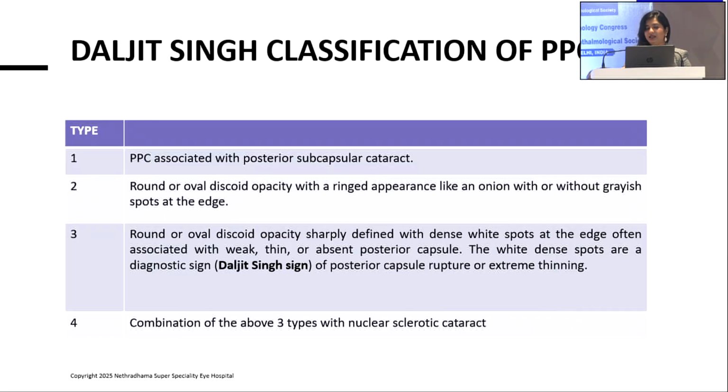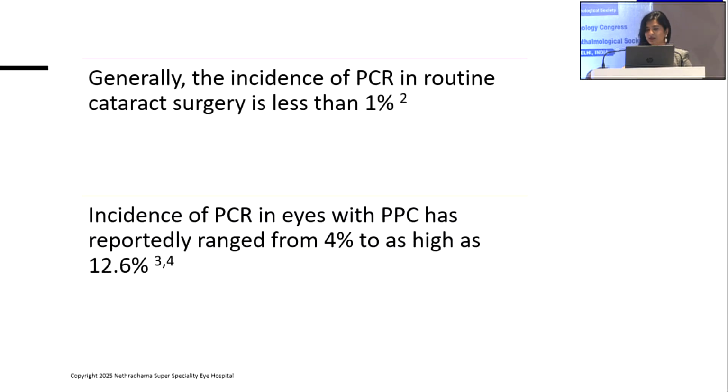There is the Daljit Singh classification of posterior polar cataracts, which makes it easy to clinically identify them, especially when you see these white dense spots. It's a diagnostic sign, the Daljit Singh sign, of posterior capsule rupture or extreme thinning with posterior polar cataracts. So it's very important to see this sign.